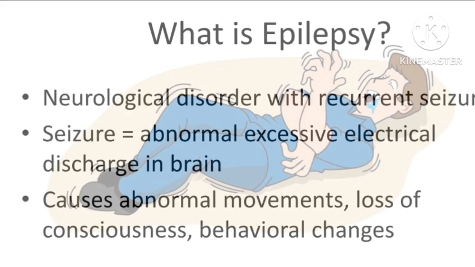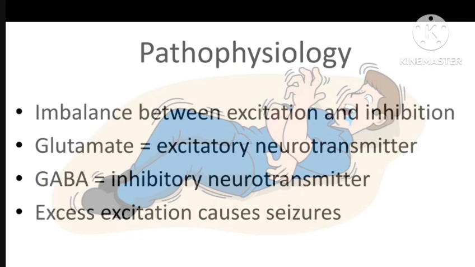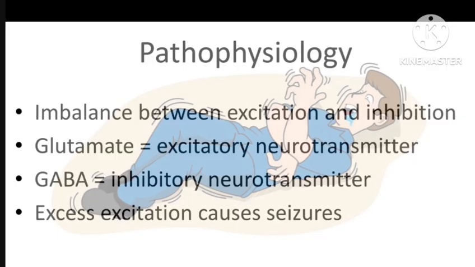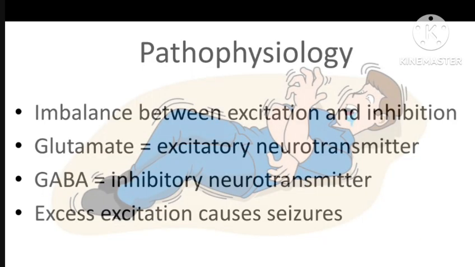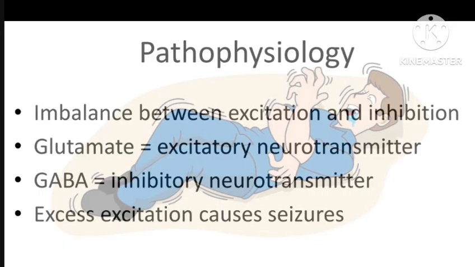So, what causes excessive firing? Now the important question is, why do neurons suddenly fire excessively? Mainly because of an imbalance between excitatory signals and inhibitory signals inside the brain. So, the first neurotransmitter is glutamate. Glutamate is the major excitatory neurotransmitter.